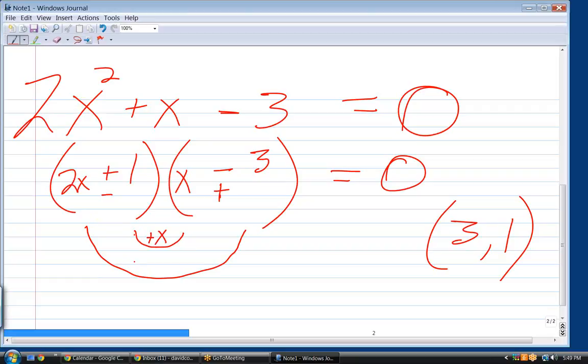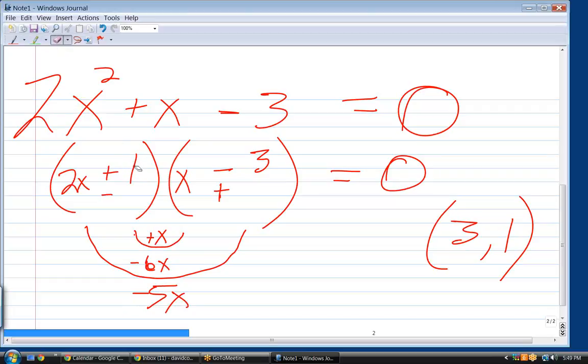That is 6x. Minus 6. The sign is as important as the number. If you get the sign wrong, you're going to get the problem wrong. Add those two together, you get minus 5x. That's not our middle term. That's not the correct way to do it.